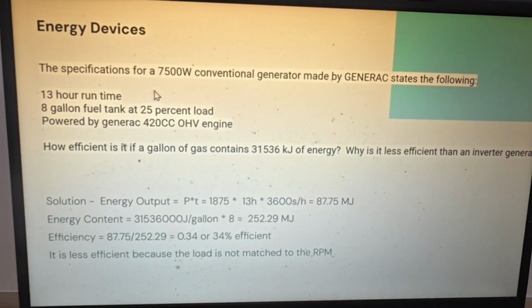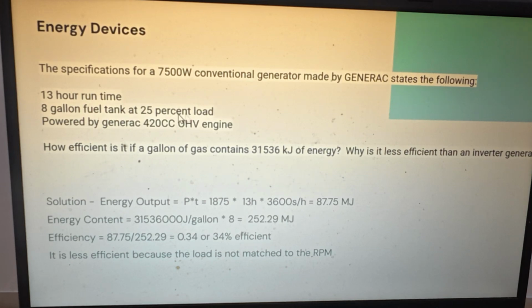The company claims a 13-hour runtime with an 8-gallon fuel tank, and at 25% load, they say that it can run for 13 hours and consume all 8 gallons of fuel.